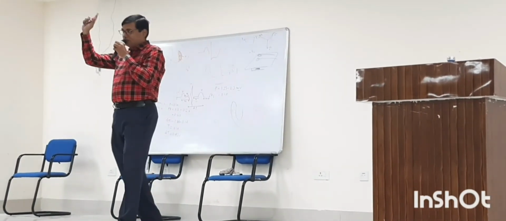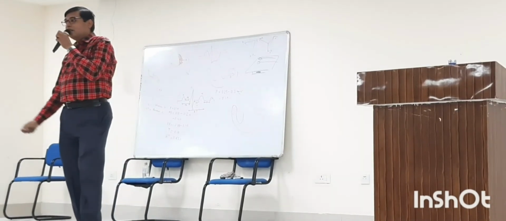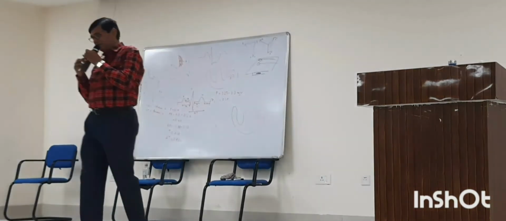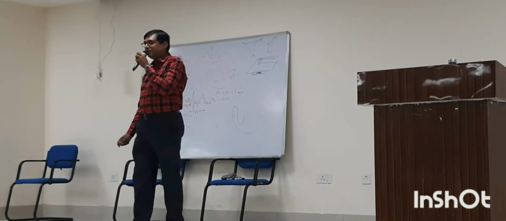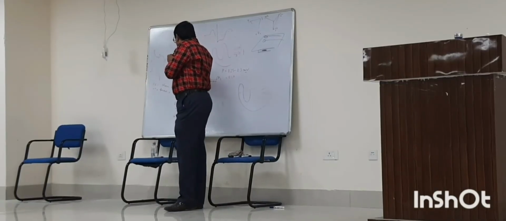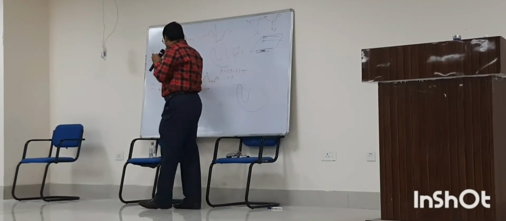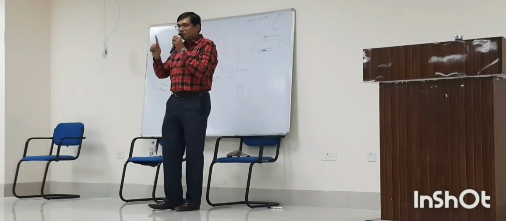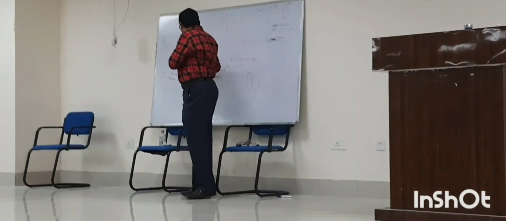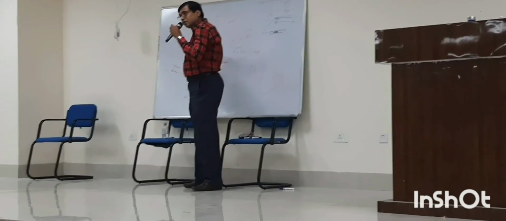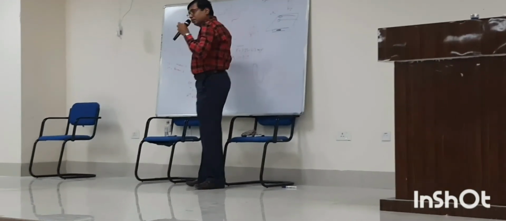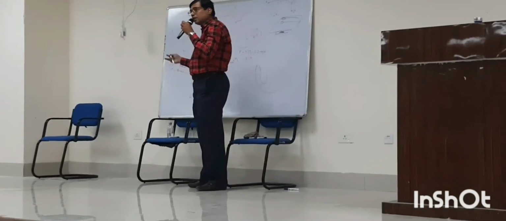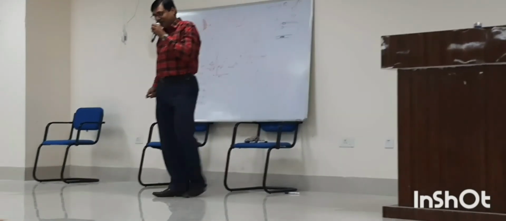Another important issue is there. Where is the atrial depolarization wave? Can you guess anything? This is the atrial depolarization wave, P wave. The QRS is the ventricular depolarization wave, and the T wave is repolarization. Where is the atrial repolarization wave?